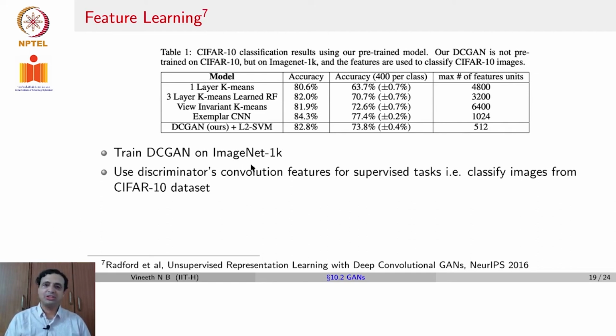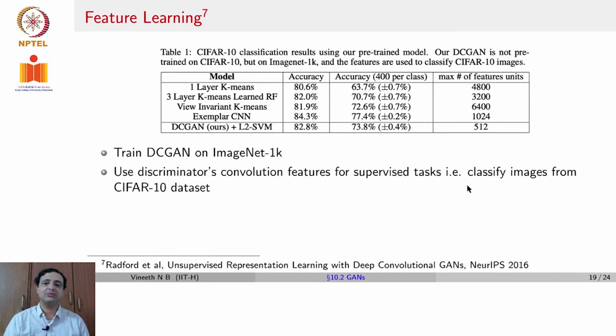After it's trained on ImageNet, you take CIFAR10 dataset images, CIFAR10 is another dataset, you pass those images through the discriminator of the GAN, and you now take its features at a particular layer of the discriminator and use these features with an SVM to classify those CIFAR10 images into 10 different classes.